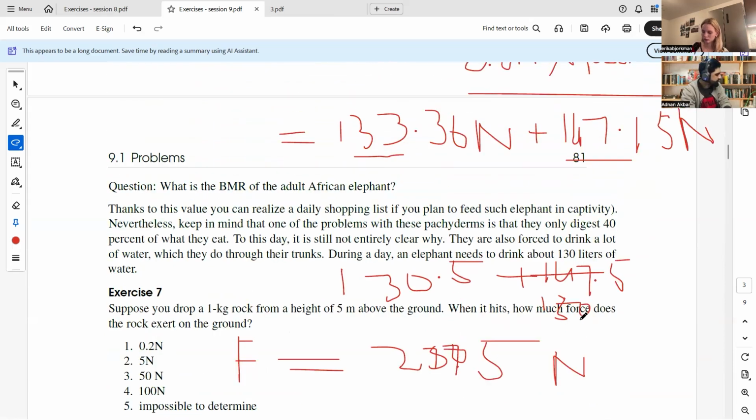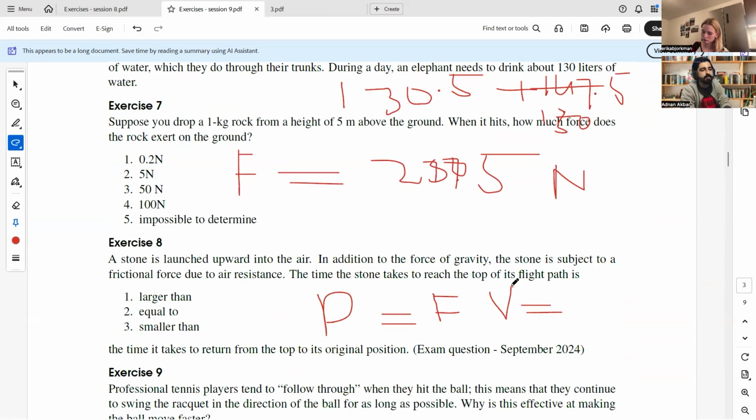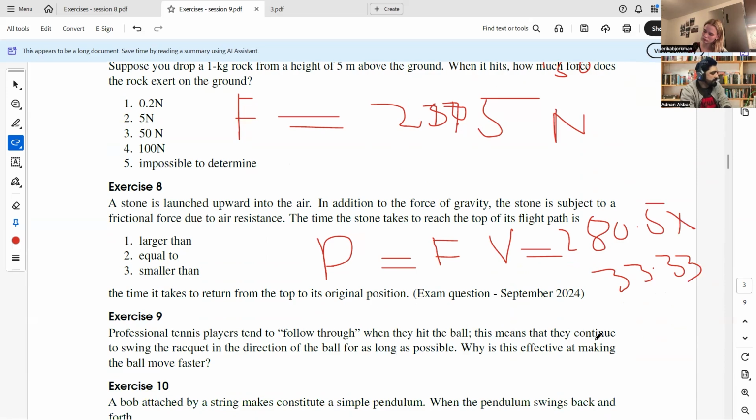You need to put in the values: 280.5 multiplied by velocity 33.33. It will result in some value, I think 9.249, but after rounding off it will become 9.25 kilowatt.